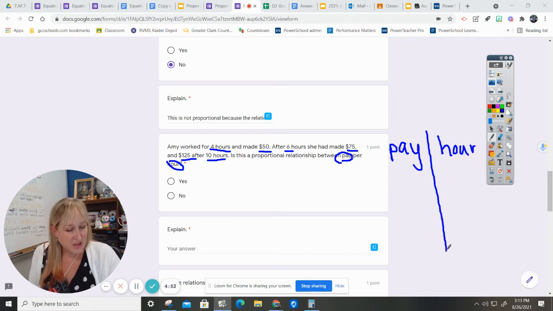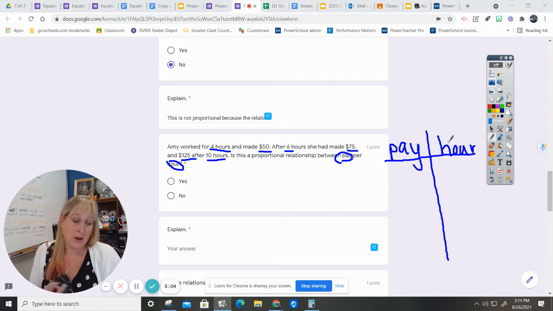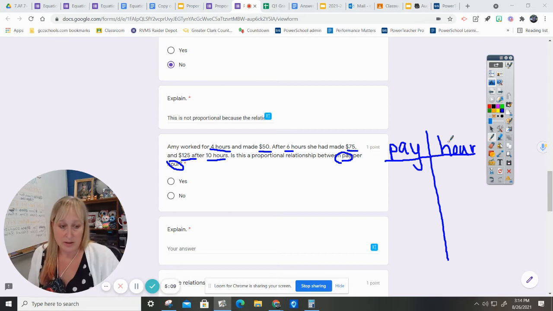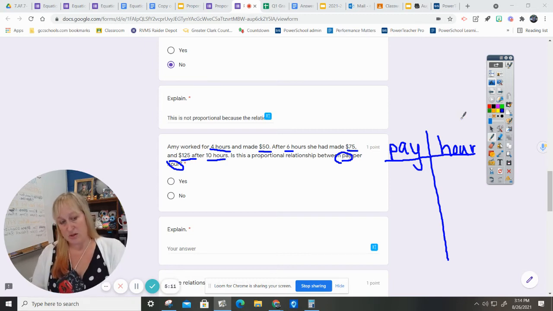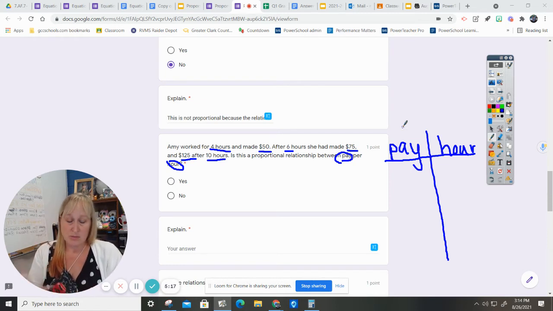Now, if I'm thinking which one affects the other, so supposedly the number of hours is what changes the pay. So if I work 2 hours, it changes and my pay will get higher. So I could have written this either way, but I need to remember this one is pay is dependent upon how many hours I worked, which makes sense.